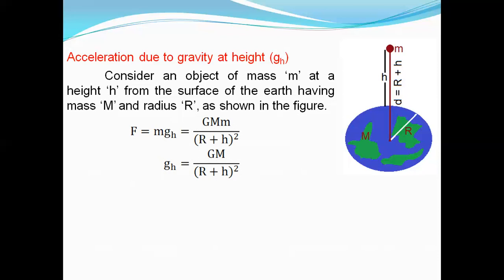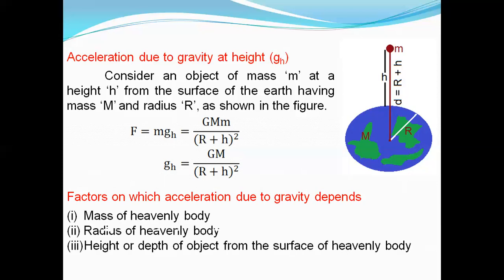Now if you see the figure, acceleration due to gravity at height depends on three factors, that are mass of heavenly body, because in the formula here it's capital M, capital R, and h. So mass of the heavenly body, radius of the heavenly body, and height or depth of the object from the surface of the heavenly body.